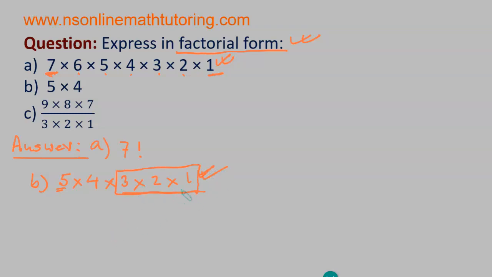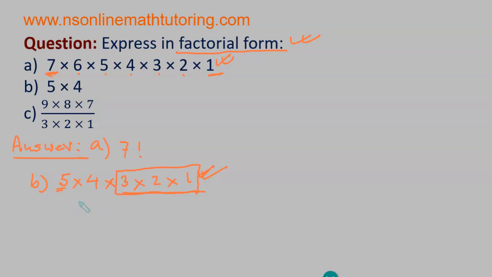But I cannot introduce this part because 5 times 4 is equal to 20 and this 5 times 4 times 3 times 2 times 1, we have seen this to be equal to 5 factorial, and the value of 5 factorial is equal to 120. Definitely 20 is not equal to 120. So, just by addition of this part, I am just changing the value of the expression given.